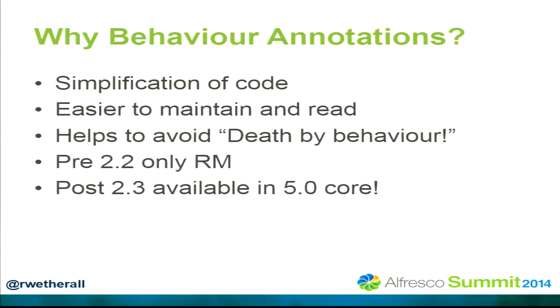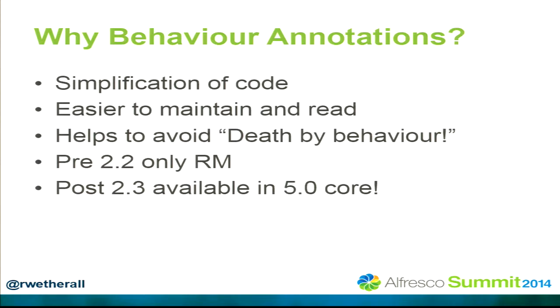Now one of the things I'm going to talk about here, which is related to RM but is now in the core, is behavior annotations. This is a bonus thing you get to hear about today. It was originally developed in 2.2, and it was only in RM, because we were having difficulties managing all our behaviors in RM. As you can imagine, there's a lot of smarts attached to that core RM model, and behaviors are a brilliant way to do it, but we needed to find a way of, as I call it, not suffering death by behavior, where you've got lots of different important things everywhere, and you need a simple way of managing and maintaining them.